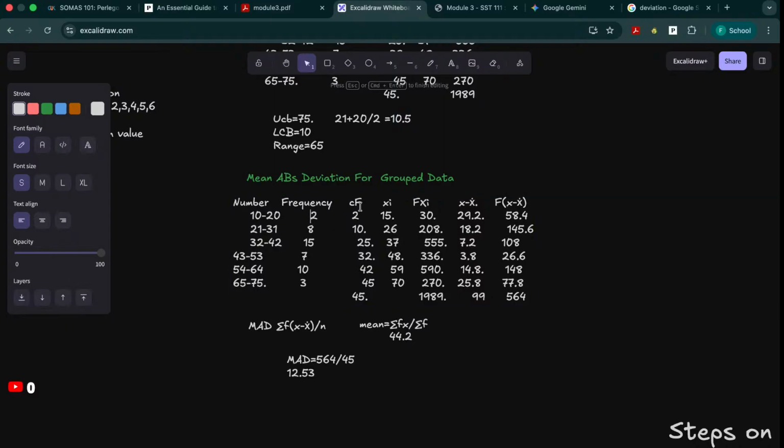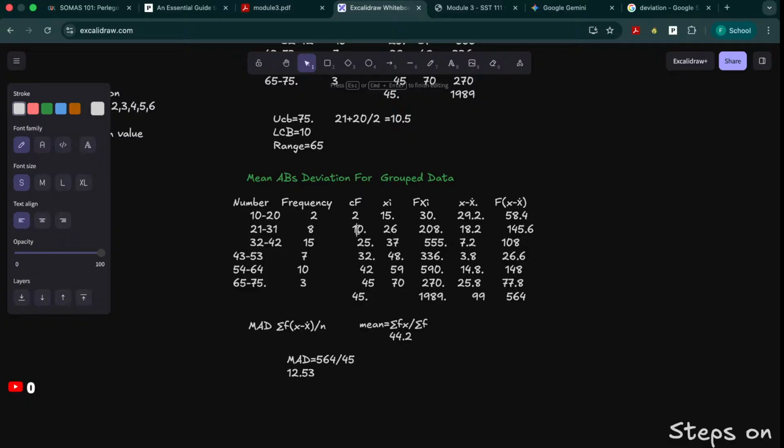So the first thing we are supposed to calculate is the cumulative frequency. And how do we do it? For cumulative frequency, you write the first frequency here in this column, then you add 2 plus 8, which gives you 10.